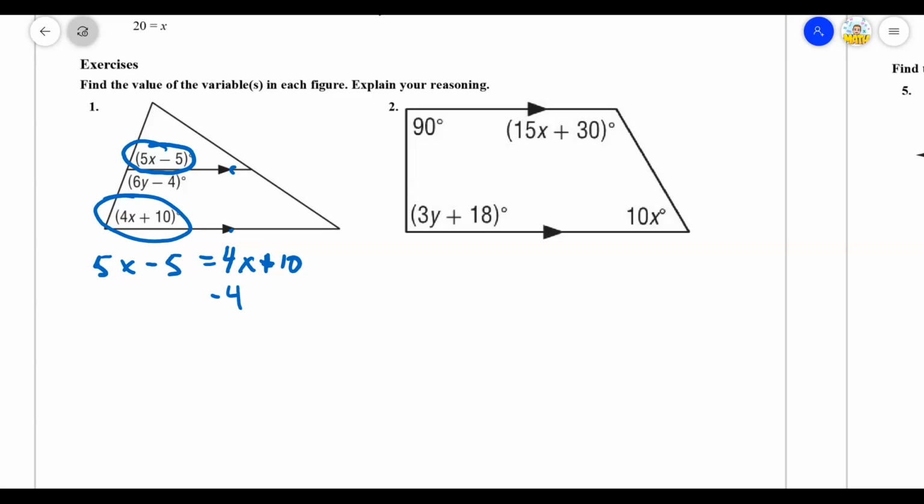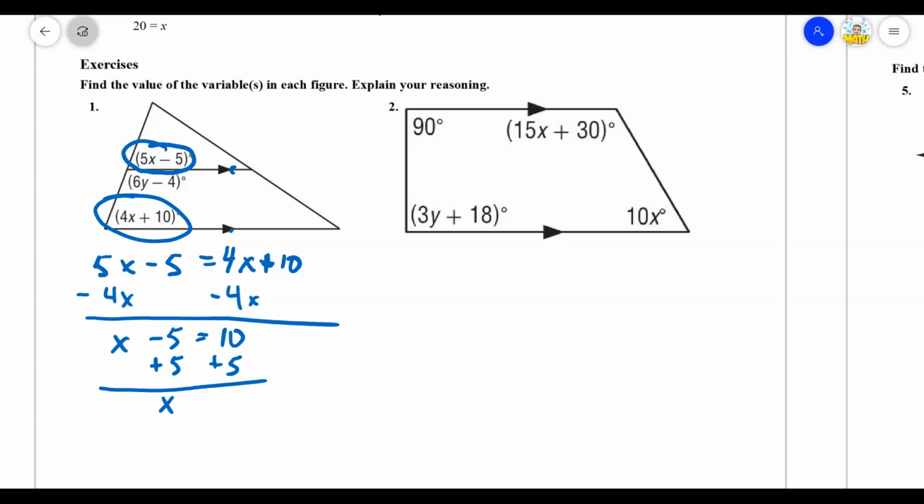We would subtract 4x from both sides. So I have x minus 5 equals 10, and I'm going to add 5 to both sides. Now we still have to solve for y, but we can come back up here and see that these two angles add up to 180 degrees.